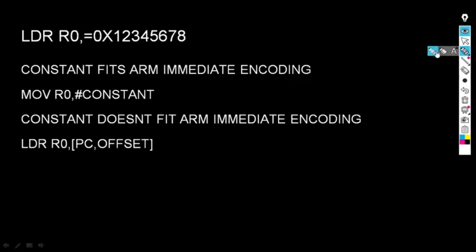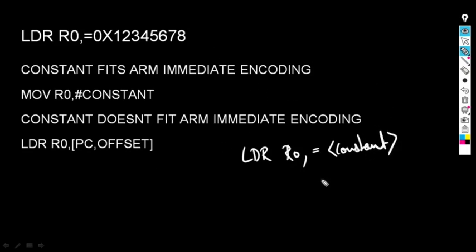So that's all about LDR R0, =constant. This is how this particular pseudo instruction gets converted into real ARM instructions.